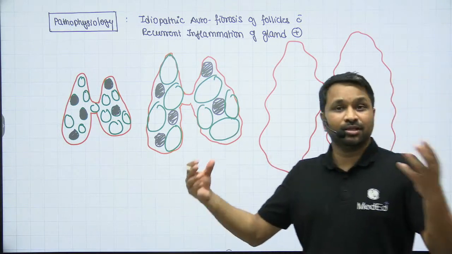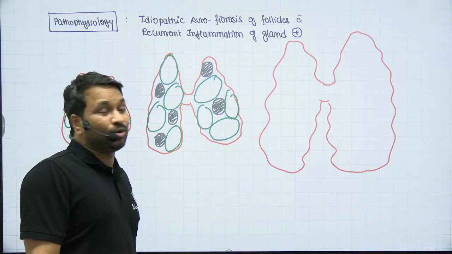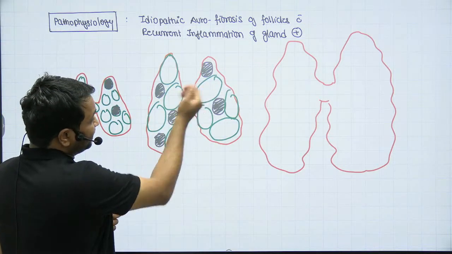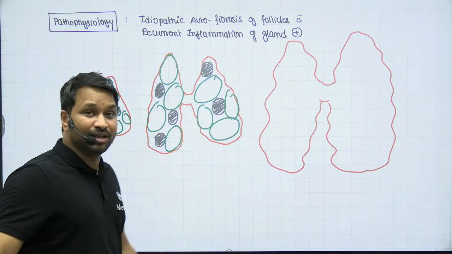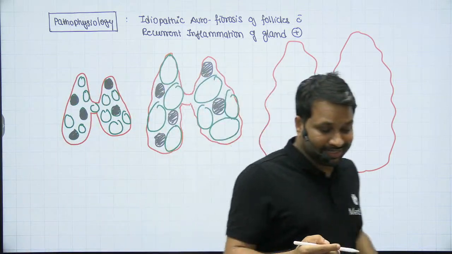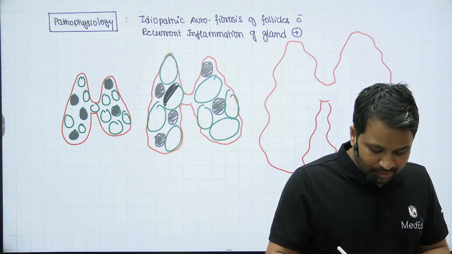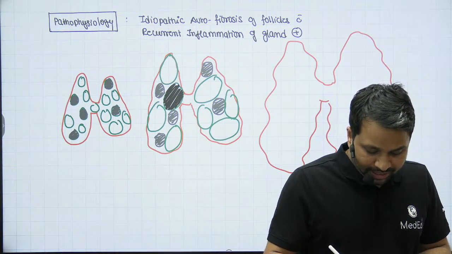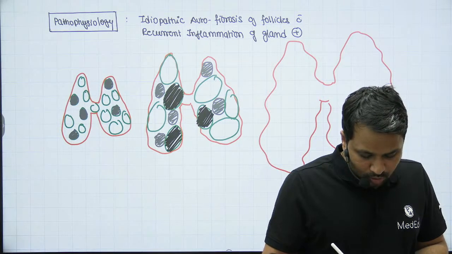But again, this is a habit. The follicles which are left behind also think, okay, this follicle was in love with this follicle, which was in love with this follicle. Now once their lover has died, they say there's no purpose for them to live as well. So they also decide to die. So these follicles which are left behind are also going to undergo autofibrosis.